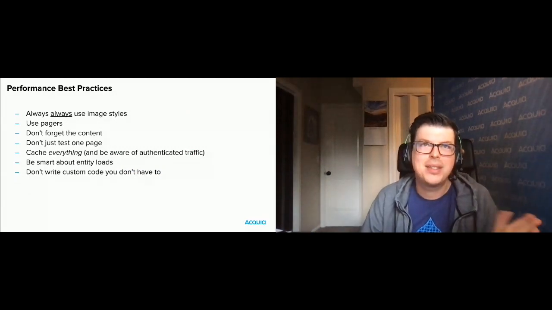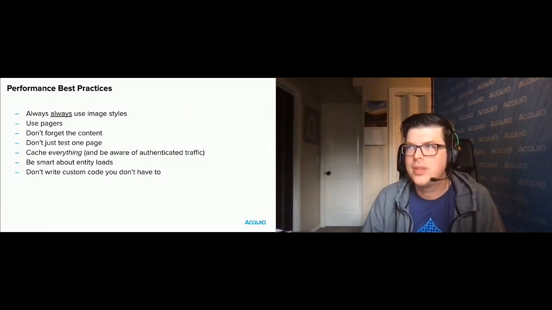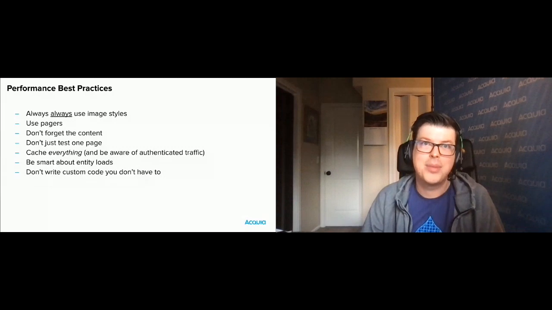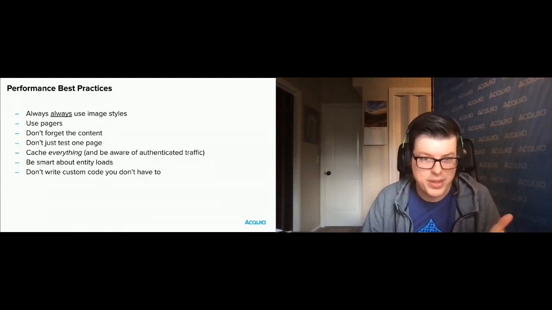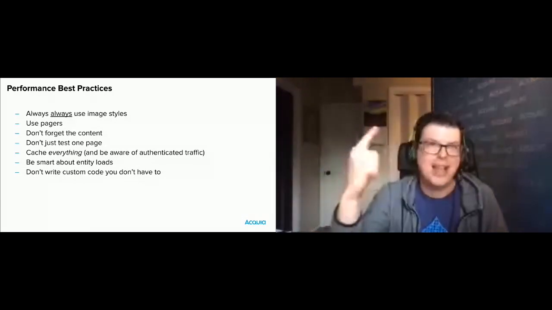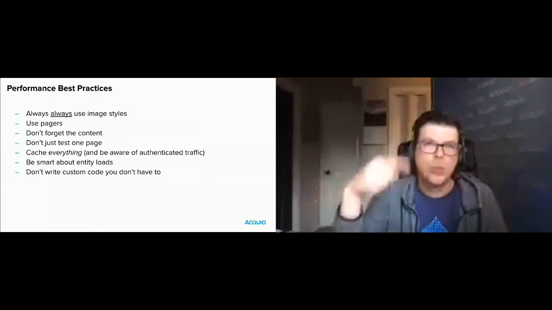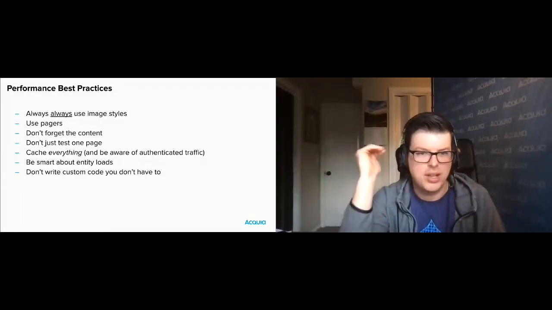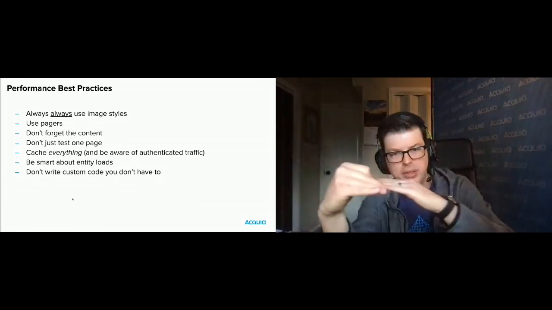There are also some best practices you can follow with performance. But again, at the end of the day, for performance, what you really need to do is read the code, right? One of the most common things that I see that tanks performance is loops within loops. So we're going to do a big query to get a bunch of content, taxonomy terms, nodes, whatever. We're going to load one. Then we're going to load more stuff. So we're going to do a loop, a load, a loop, a load.